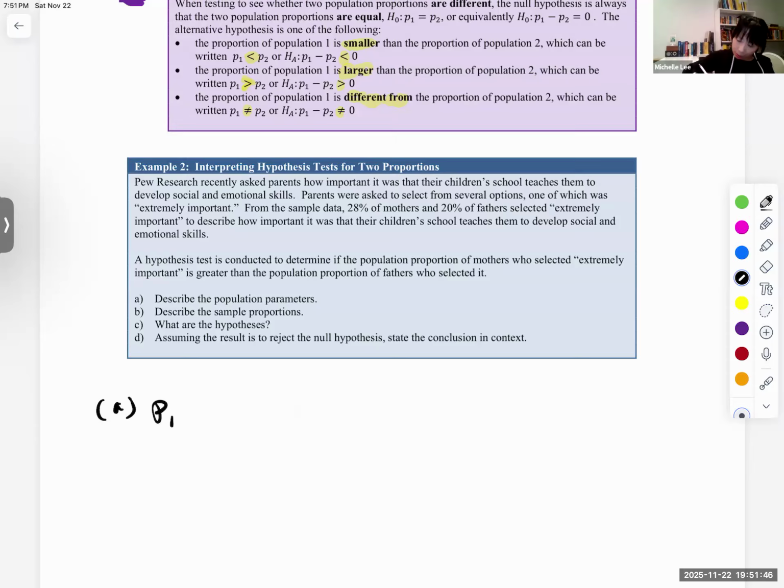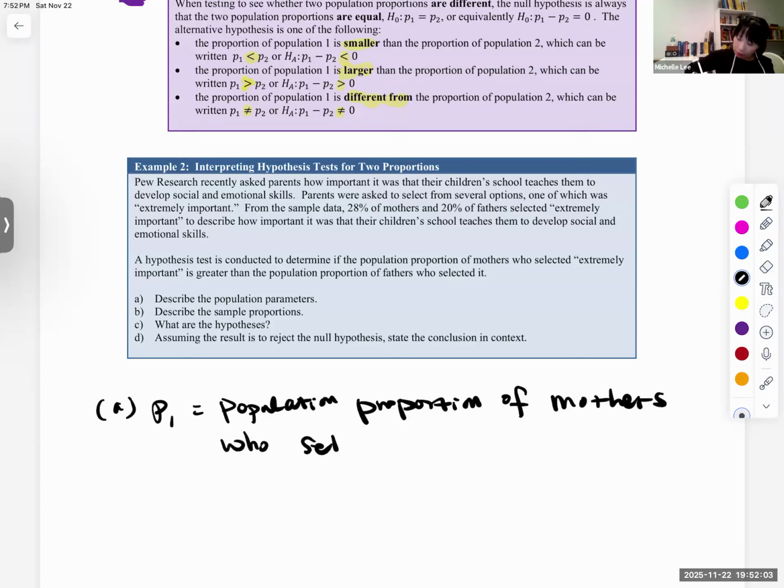That is the population proportion of mothers who selected extremely important.